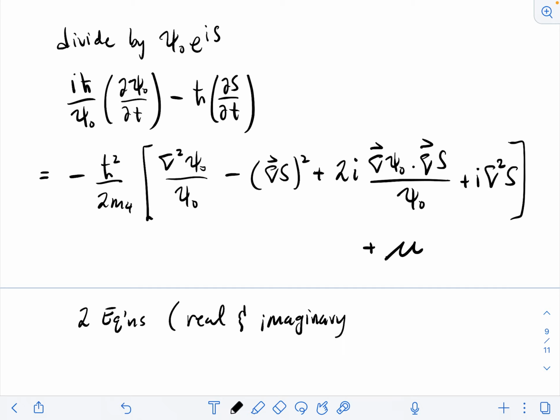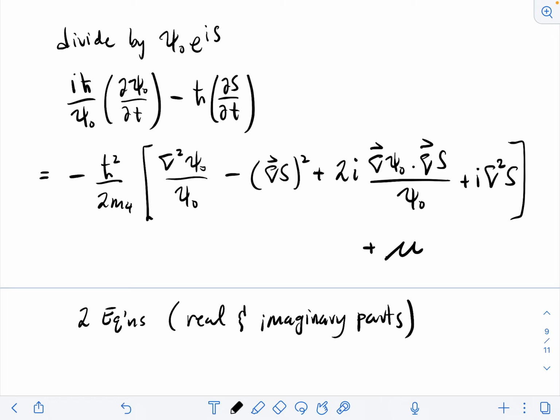We're going to look at these two parts of the equation separately. To finish off today, we'll do some manipulation of the real part, and then the first thing I think we'll do in the next video is examine the imaginary part.